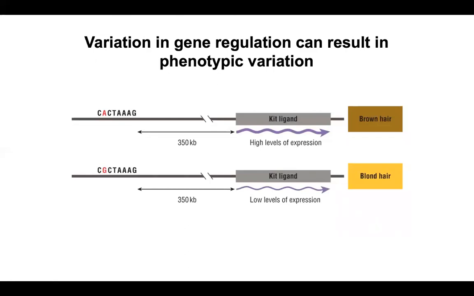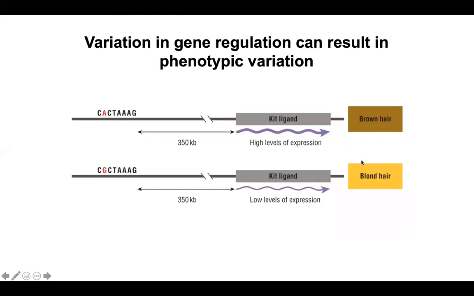Then the other type of genetic variation, sequence variation that can result in phenotypic variation, is variation in regulatory sequences. So here's an example from humans.